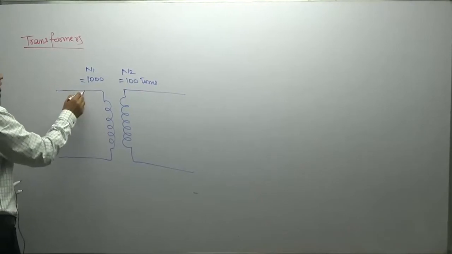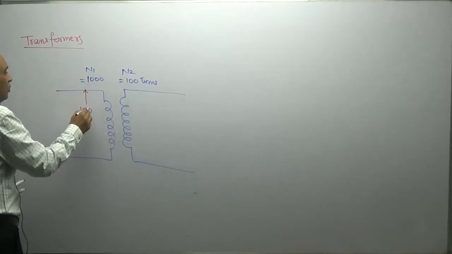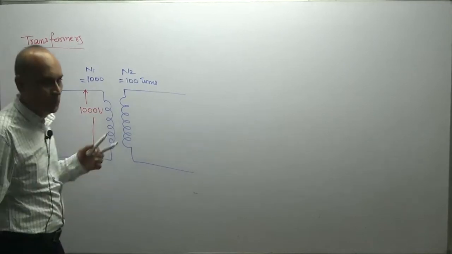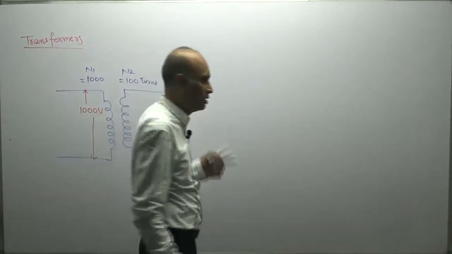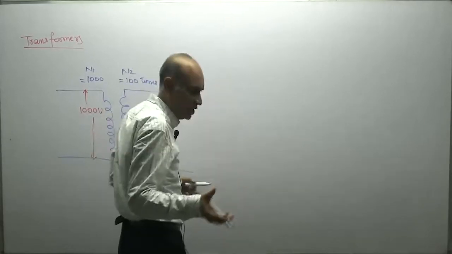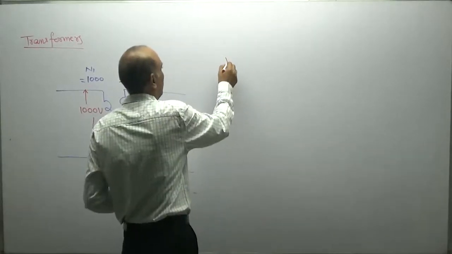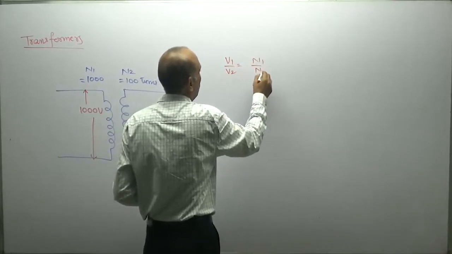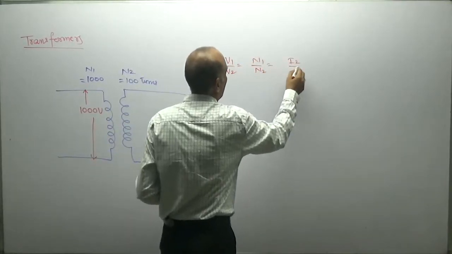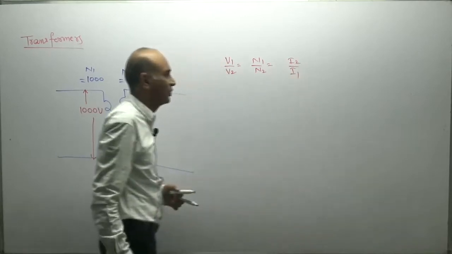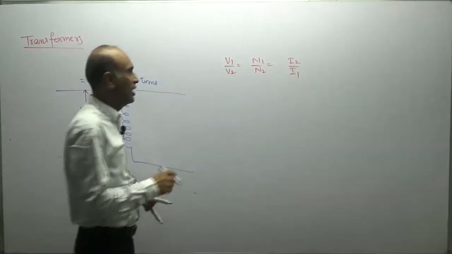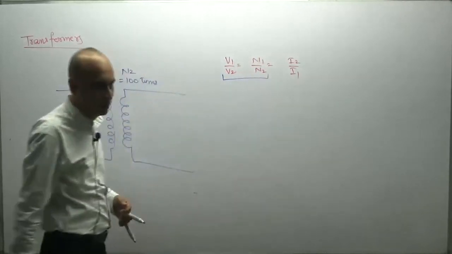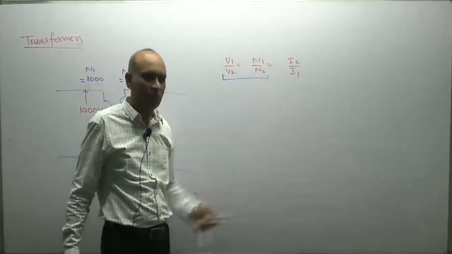Suppose here the voltage is 1000 volt. So how much will be the secondary side voltage? You might have studied it in your BTech. V1 upon V2 is equal to N1 upon N2 is equal to I2 upon I1. First we are going to understand this formula only, then we will take up the rest.